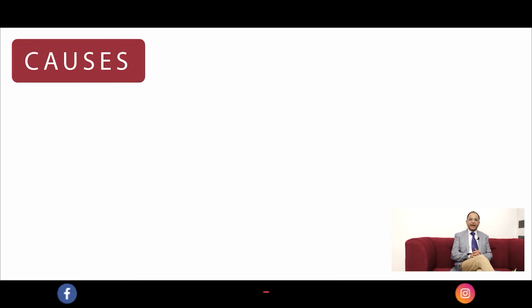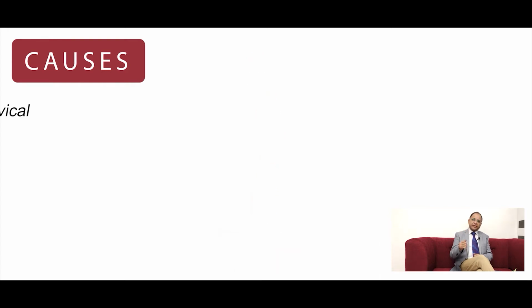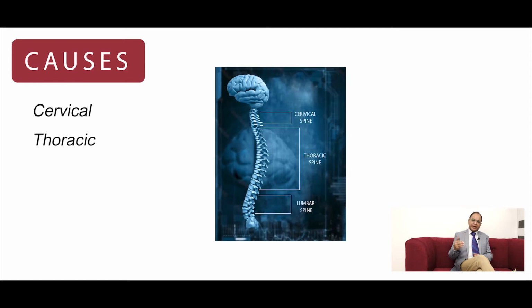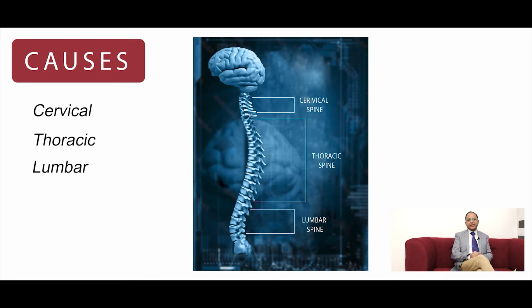Now, what are the causes of back pain? Most of the causes are because of the spine itself, because as we know, the spine consists of 33 vertebrae: the cervical, thoracic, lumbar vertebrae, as well as the sacral vertebrae. Now the lumbosacral vertebrae are the ones which are usually the cause of low backache.